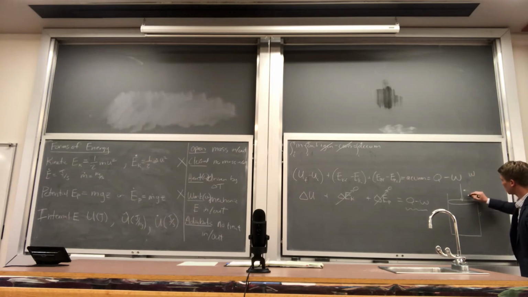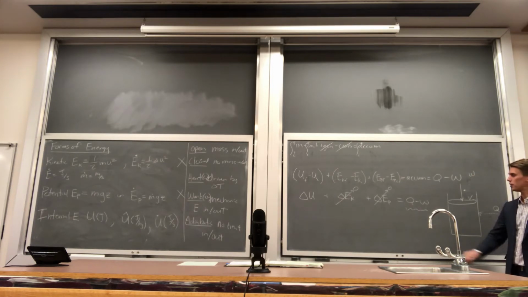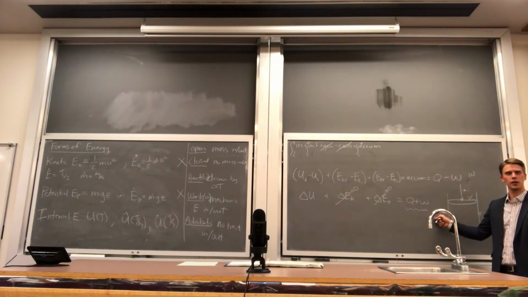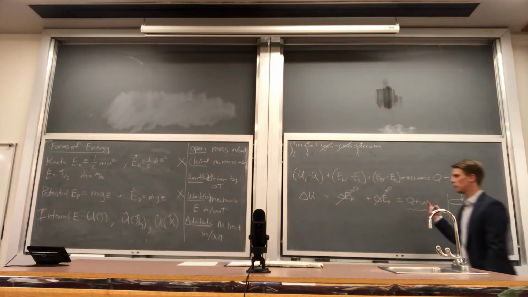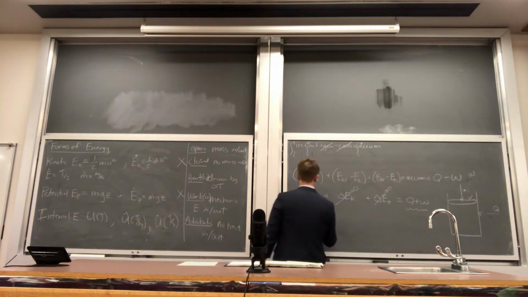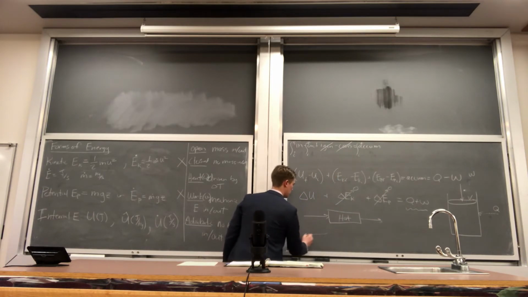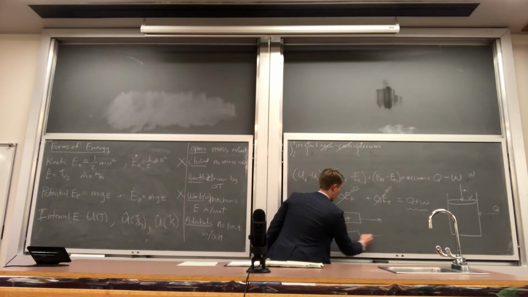But instead, I could draw work going into the system, and I would just change that to a plus. Now, the reason why you don't want to lock yourself into thinking only one way is because when you have multiple processes, let's say like a heat exchanger, we have a hot side and we have a cold side of the heat exchanger.